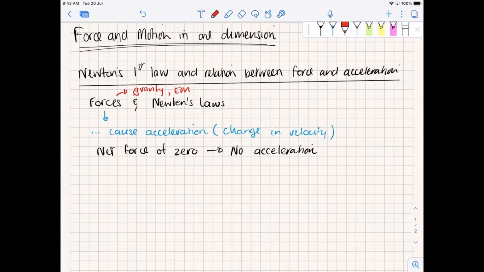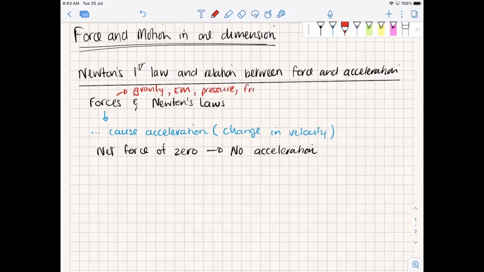Right, give me some other examples, Kiana. Give me another type of force that you might encounter. Pressure. Pressure, upthrust. Yeah, we got pressure. Acceleration due to engines.